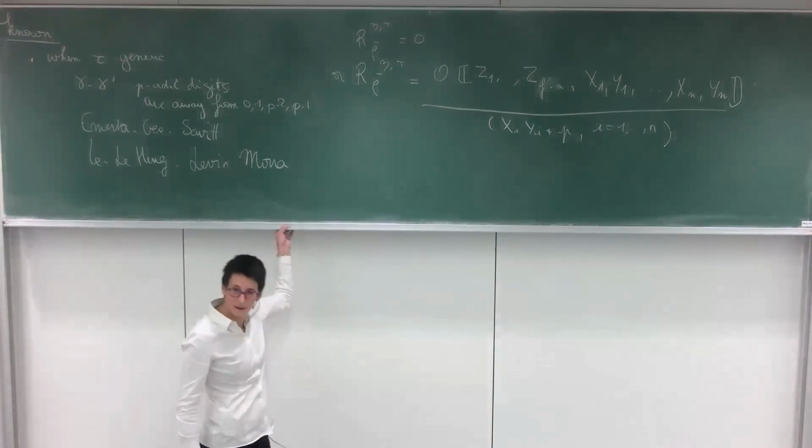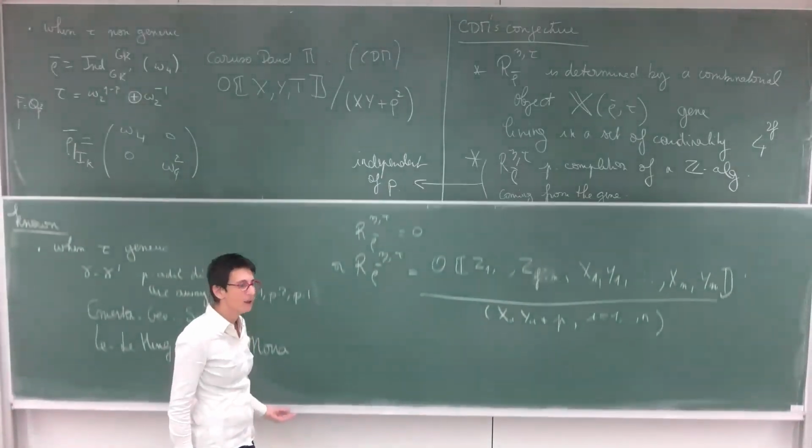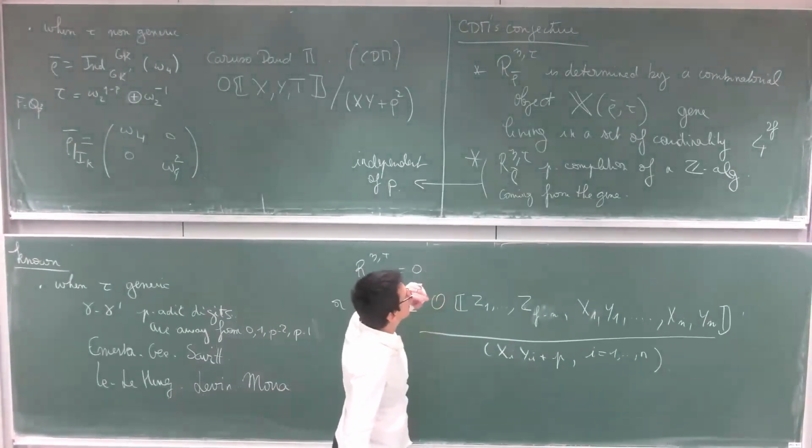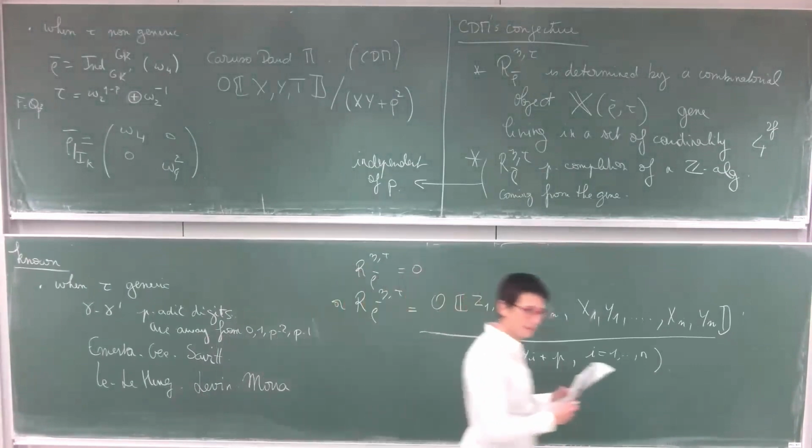You're right. In our conjecture, we assume that rho bar was irreducible.